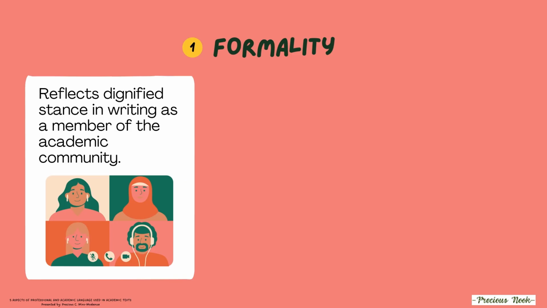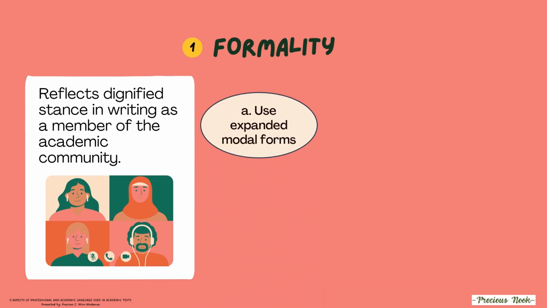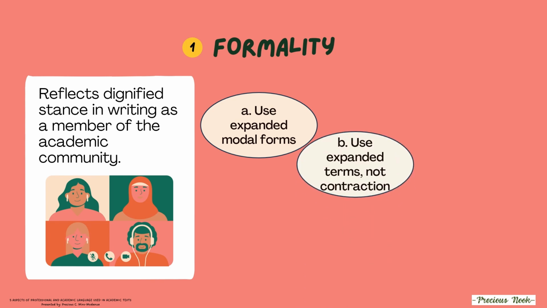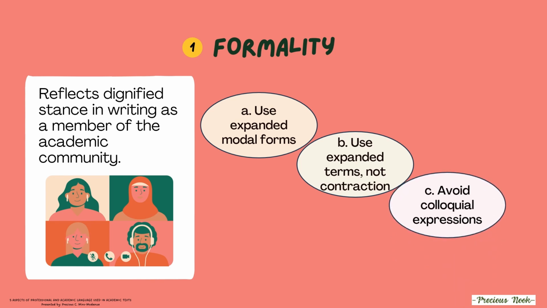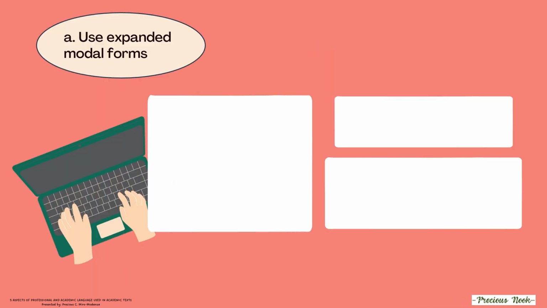When we say formality, it should reflect a dignified stance in writing as a member of the academic community. In academic writing, we need to follow these rules. First, we must use expanded modal forms. Second, we need to use expanded terms, not contractions, and avoid colloquial expressions.